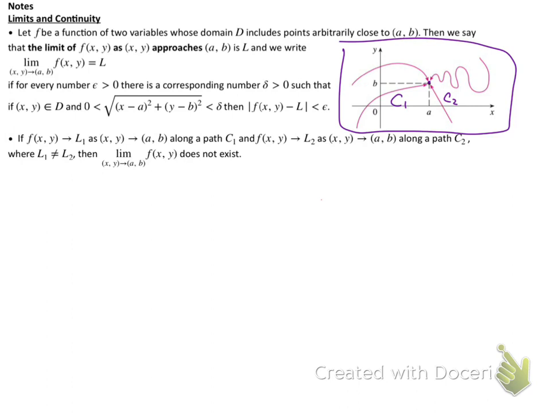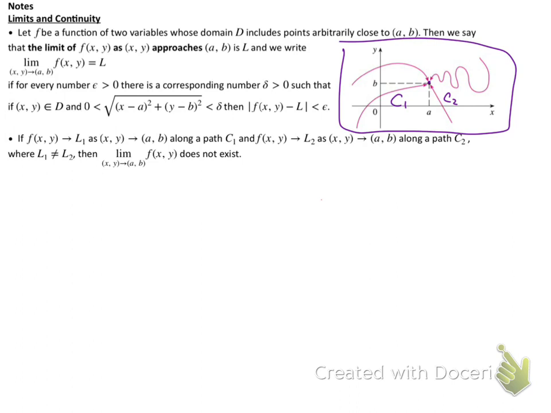So f(x, y) goes to L1, a value, when you go along path C1, but it goes to another value when you go along path C2. Then they are not going to meet on the output side, the value side. Then we know that the function doesn't have a limit at this point. The limit does not exist at this point.